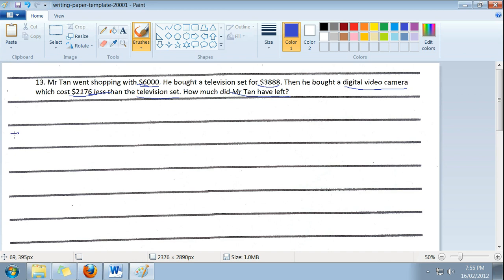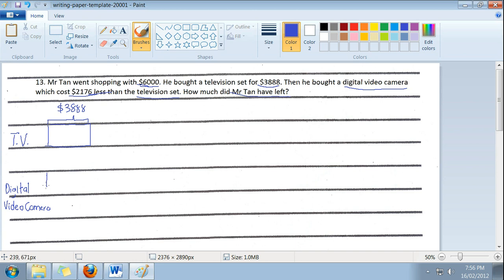We know that the TV is $3,888. And now we want to find out the digital video camera. Now it says the digital video camera costs $2,176 less.